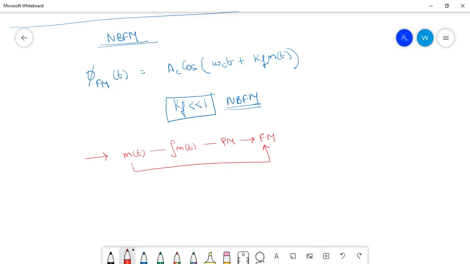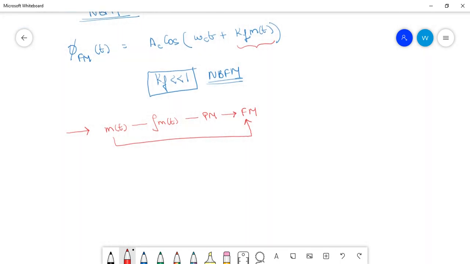m(t). Because here if you see kf times m(t), this is basically changing the phase part of your carrier. Denoting in this format is easier. Otherwise, to denote a frequency modulated wave, I will have to write it in the instantaneous frequency format. I hope you are getting the point.